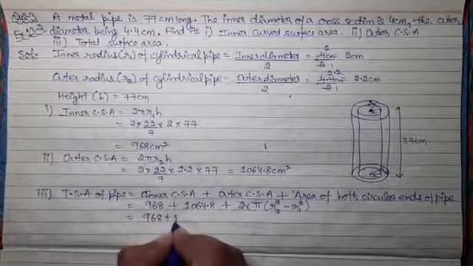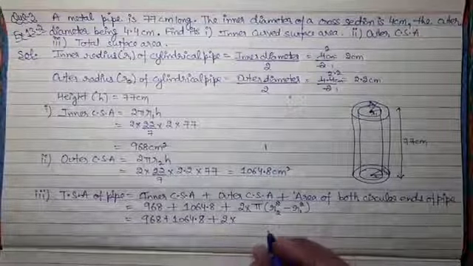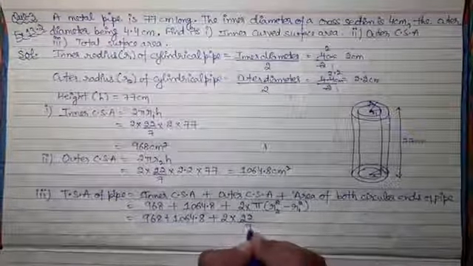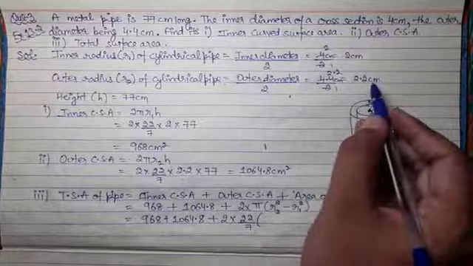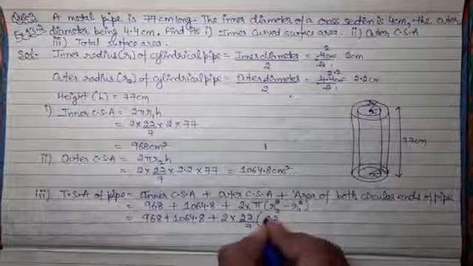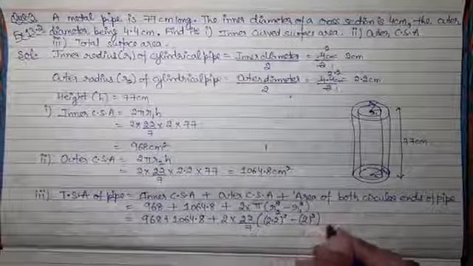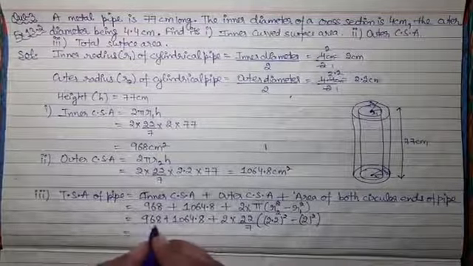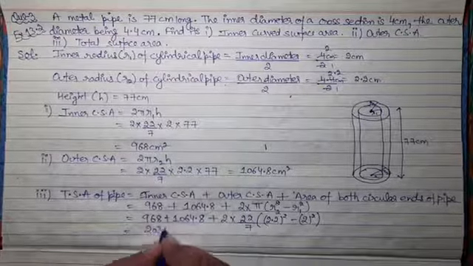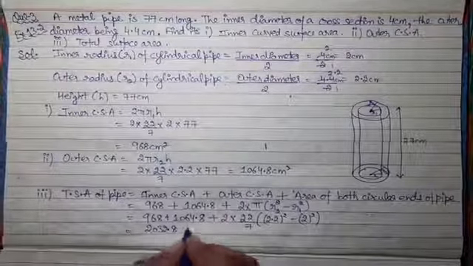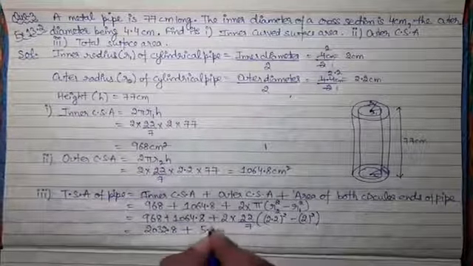968 plus 1064.8 plus 2, again substituting the values here, 22 by 7 bracket r2 raised to power 2 minus r1 raised to power 2, which is 2.2 raised to power 2 minus 2 raised to power 2. 968 plus 1064.8 is 2032.8 plus, when we solve this, it will become 5.28.